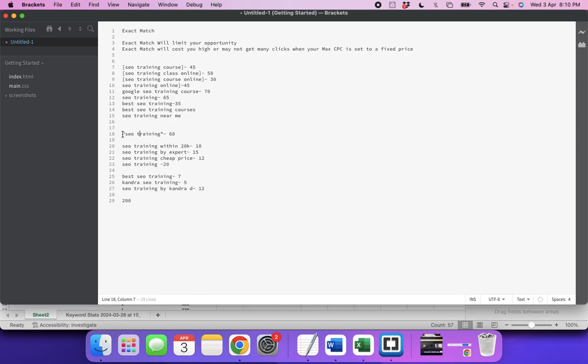So ads will not get triggered for irrelevant keywords, and this is very useful for beginners who are just starting and have no idea about negatives. You cannot even think of them. I gave you one term, SEO training industry.